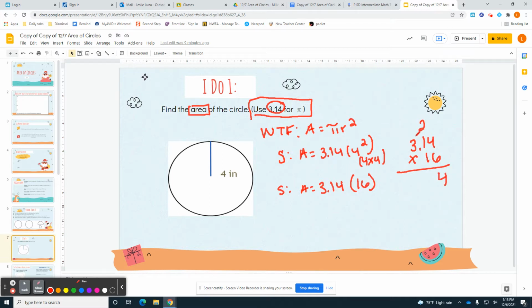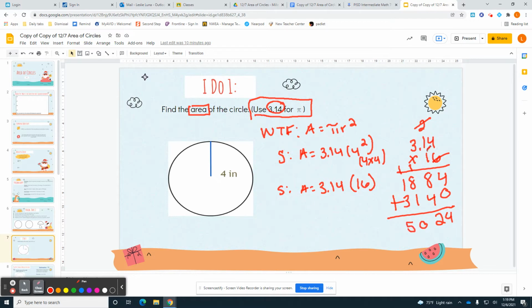6 times 4 is 24. Carry your 2. 6 times 1 is 6 plus 2 is 8. 6 times 3 is 18. And cross out your 6. We're done with that. Placeholder, 1 times 4 is 4. 1 times 1 is 1. 1 times 3 is 3. So now you add those. 4, 12, 10, 5.